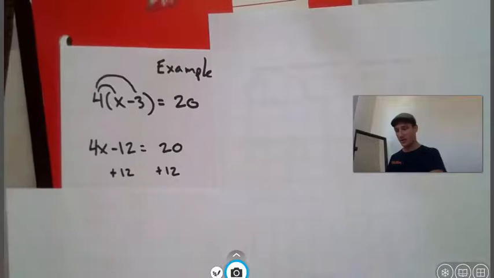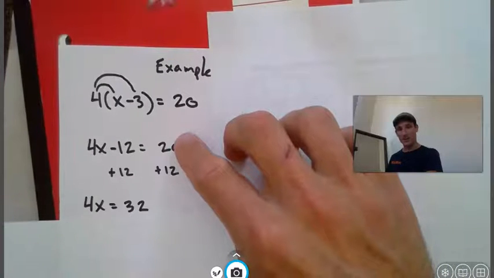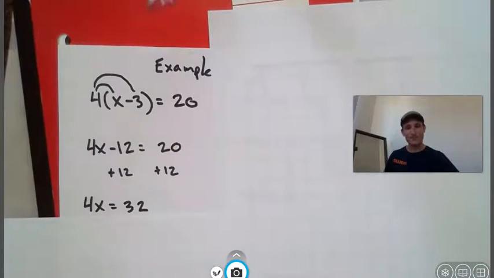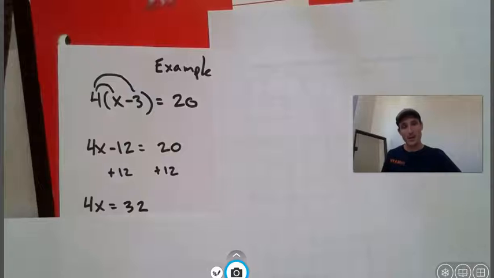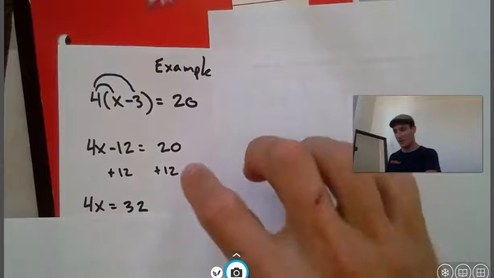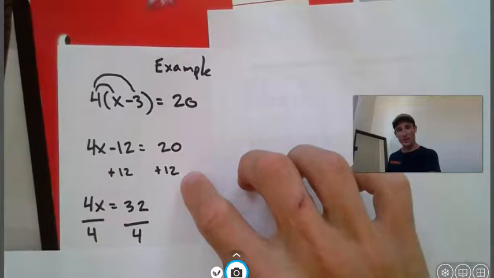Positive 20 plus 12 gives me 4x equals 32. Again, inverse operations. 4x is the same thing as 4 times x. The inverse of multiplication is, of course, division.